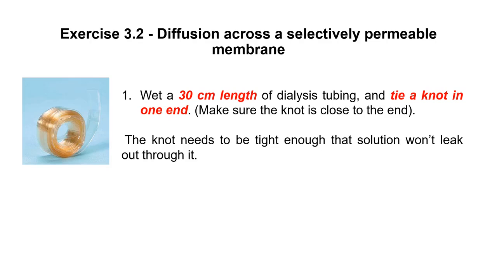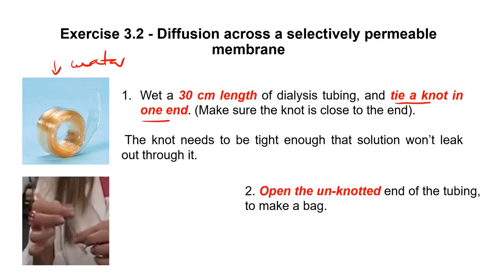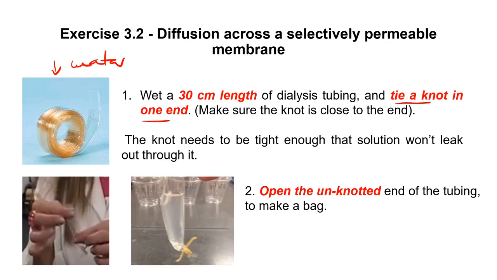I will show you how to tie a knot in the class, and remember, you will need to put just water in the tubing so you can open it and then put all the reagents inside. I put up a video so you can watch how to open the tubing and how to tie the knots. And here you can see a way that they tie the knots. You can also tie it using just the tubing, so in the way that you think is better, you can do it.